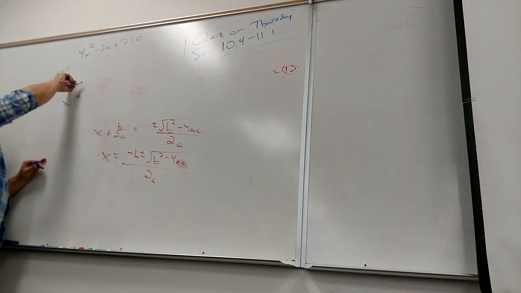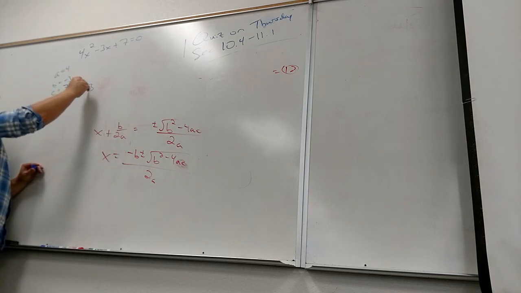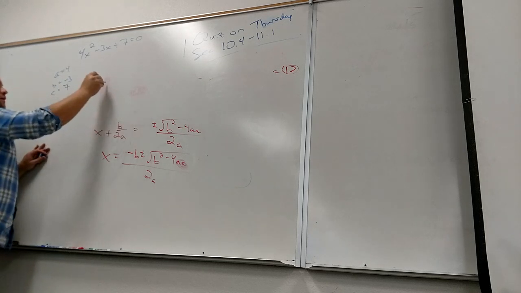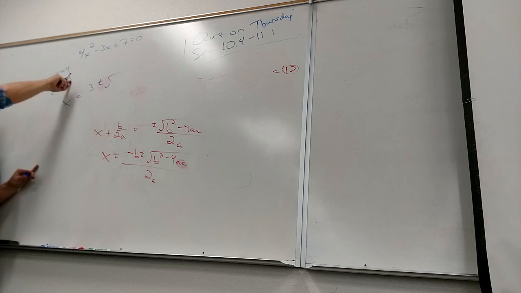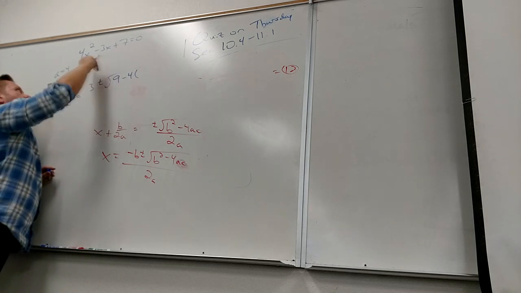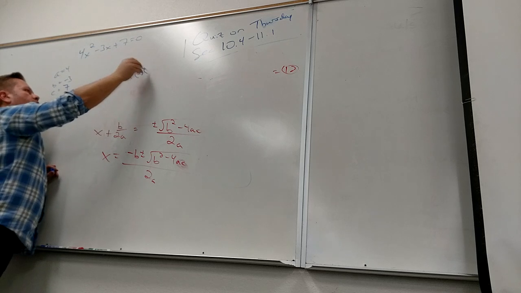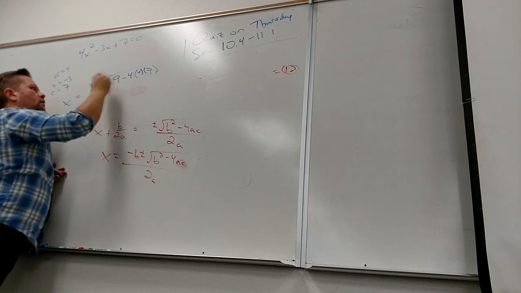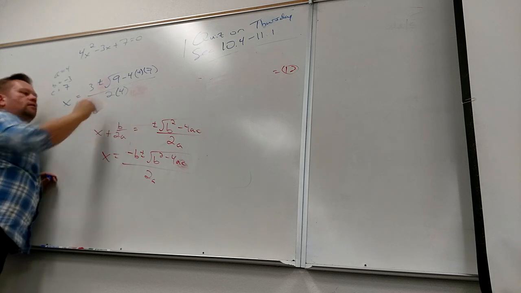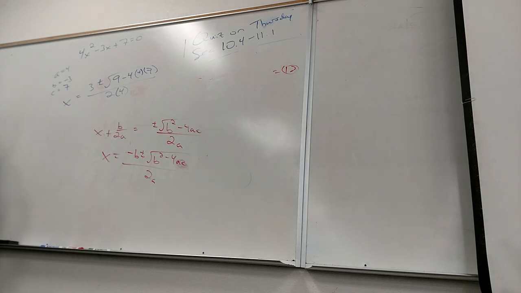Negative b, negative 3 is 3, give or take, plus or minus, square root of b squared. What's negative 3 squared? 9. Minus 4 times a times c, all over twice a.